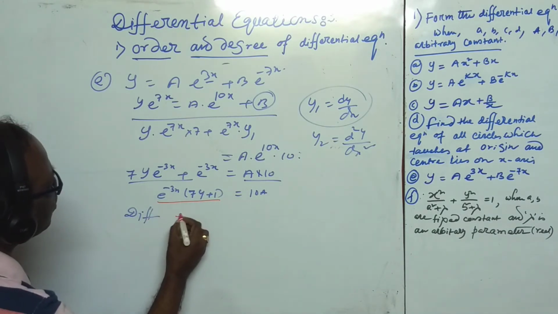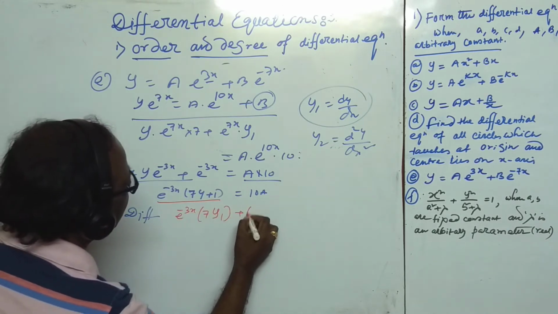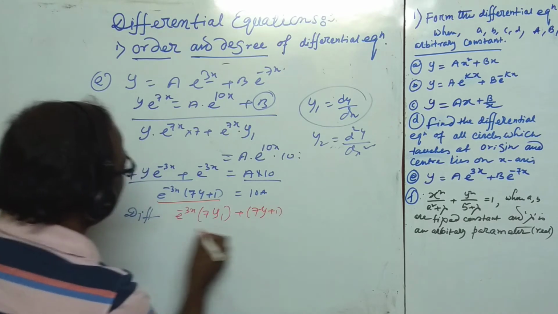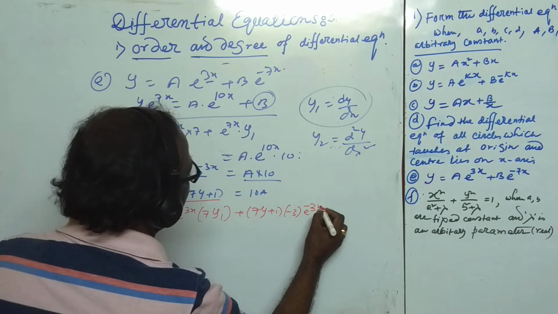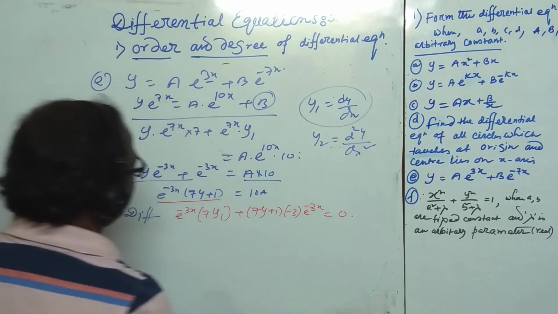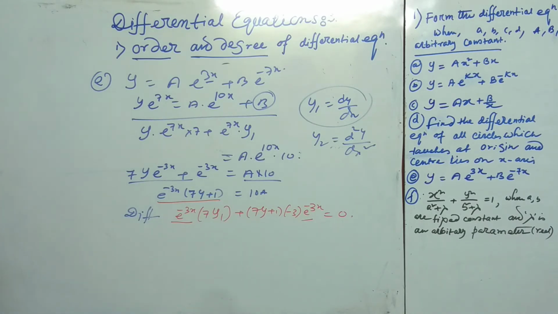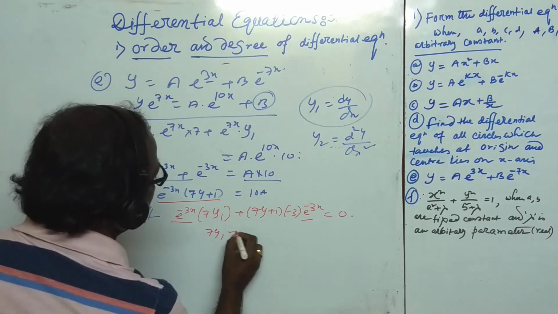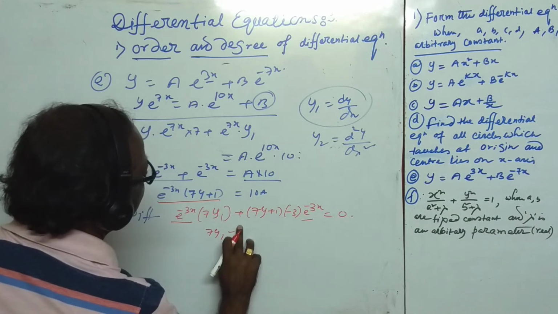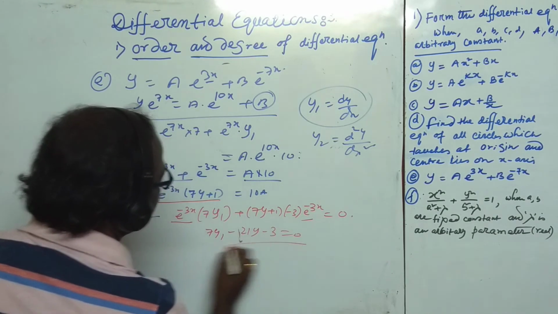We differentiate this, it will be minus 3x: 7 into y1, again 7 into y plus 1, and this is minus 3, and that is constant. These are taken common from here, then we get 7y1 minus 3, 3 7 are 21y minus 3 is equal to 0.